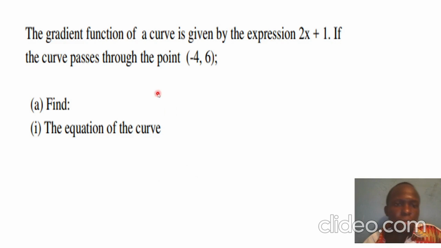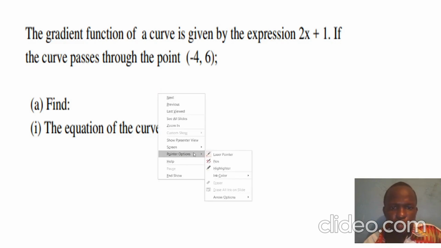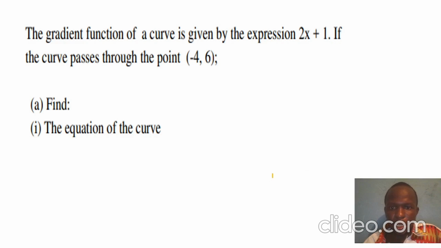So for us to find the equation of the curve, we have to highlight a number of things here. Let us first of all highlight what we are provided with, the gradient function, 2x plus 1.